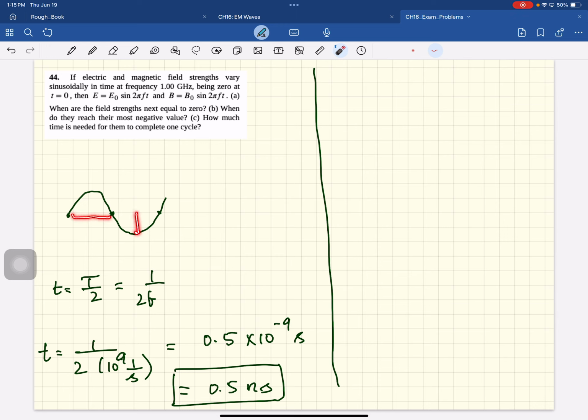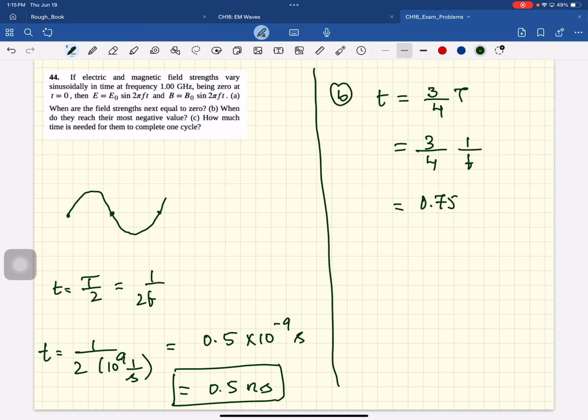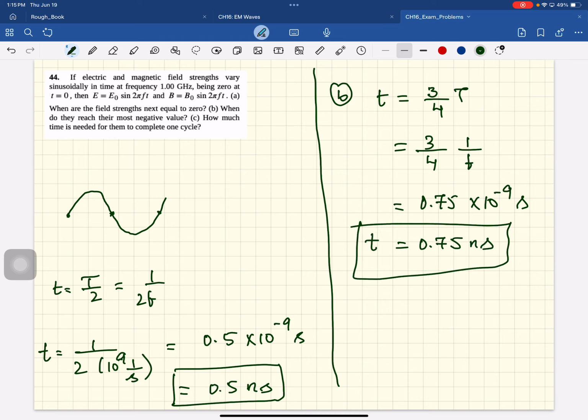That is, this is T by 2, this is 3/4 of a T. This is a quarter T, half T, 3/4 of a T. 0.75 nanoseconds. How much time is needed for one complete cycle?